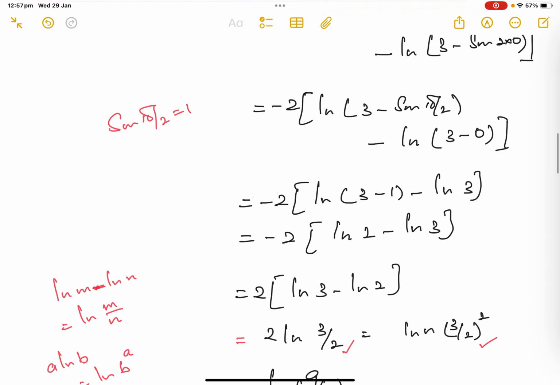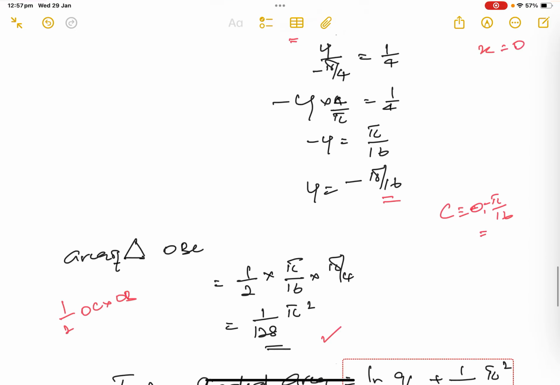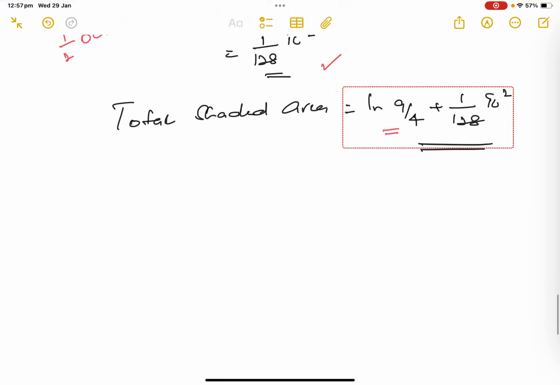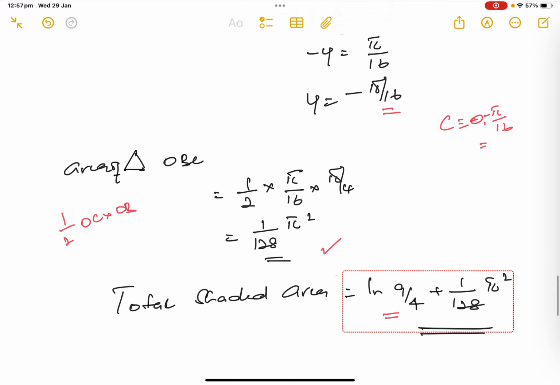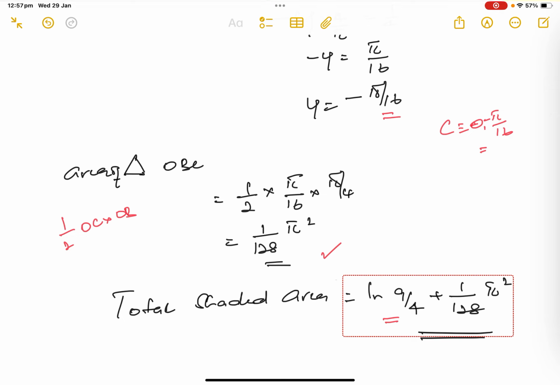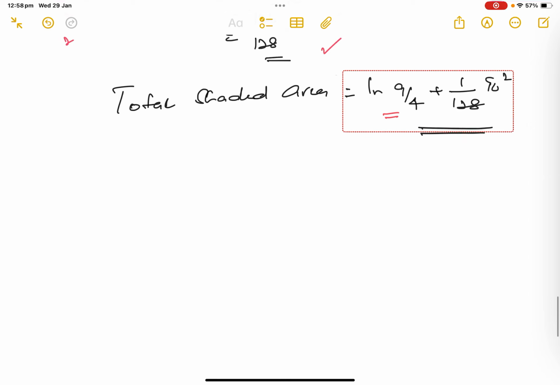Those of you who would like to continue with the integration for the triangle OBC as well, of course you can do it. All you have to do, once you get the answer, is negate it. If the answer comes out minus, you have to make it positive. That is why I just did the triangle.